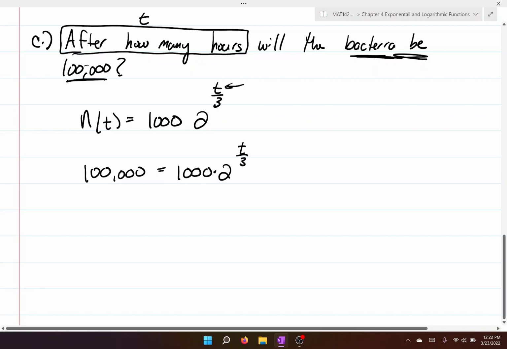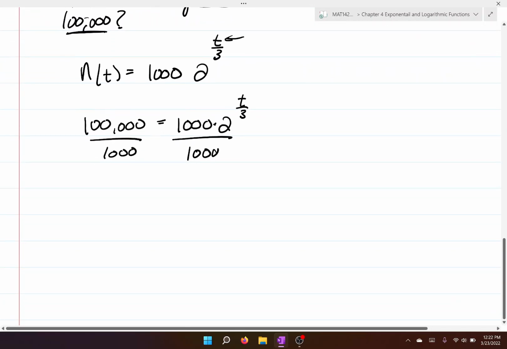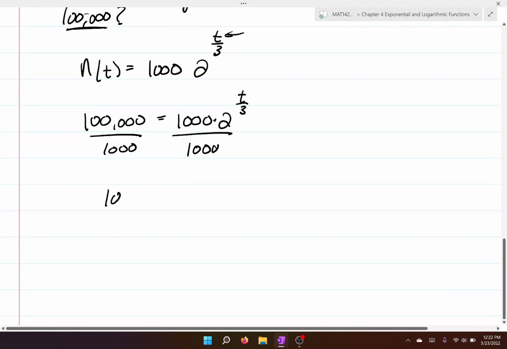So the first thing I would do here is just isolate my exponential by dividing both sides by 1,000. That's going to give me 100 equals 2 to the T over 3. Now, we need to get this letter T down here with everything else. And we know that if we use our properties of logs, we can do that.